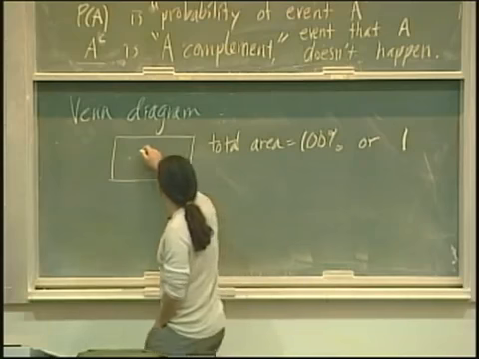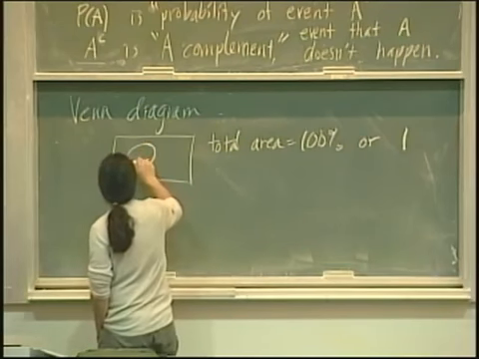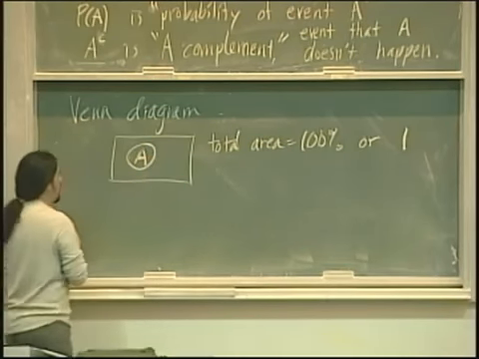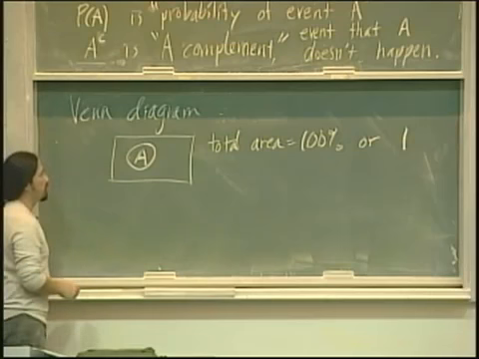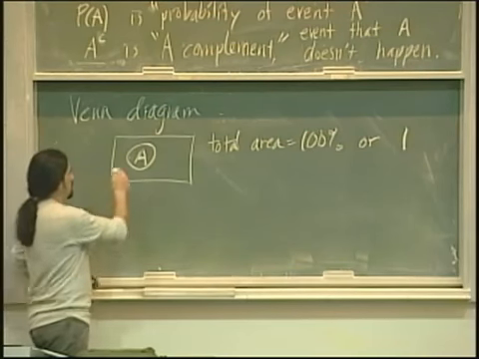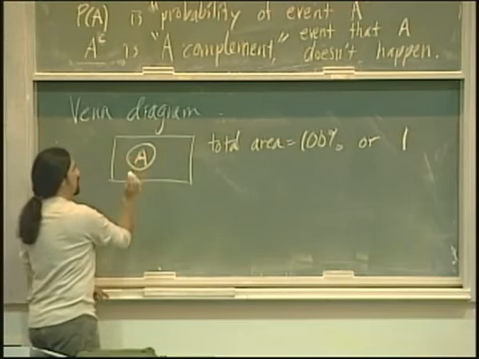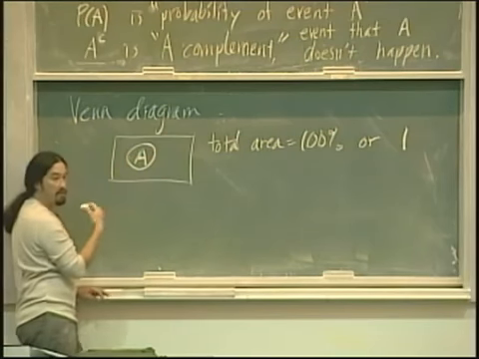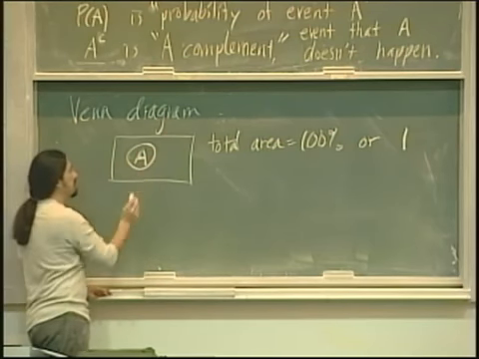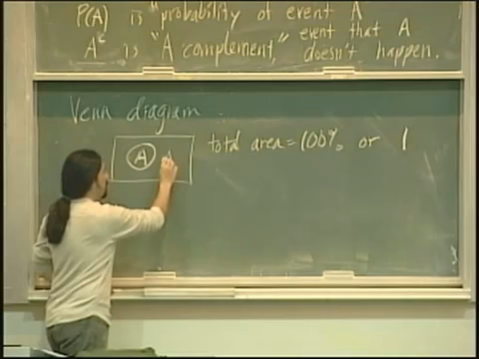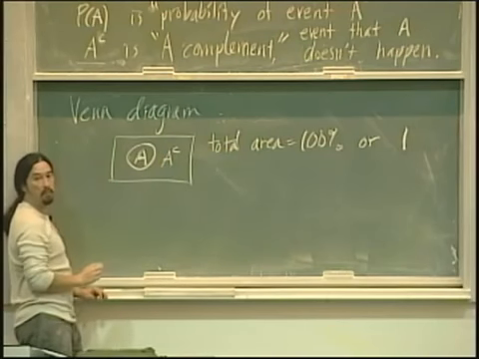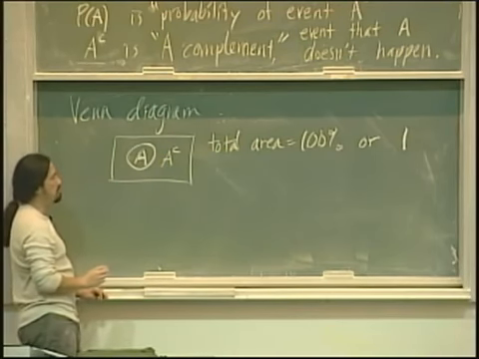Okay, so let's draw in here a little bit. If I have an event A that's like that, essentially what I'm saying is that if I pick a point at random and I land inside the circle, then event A happens. If I land outside of the circle, event A doesn't happen. So that's A complement. It's everything outside of that circle.